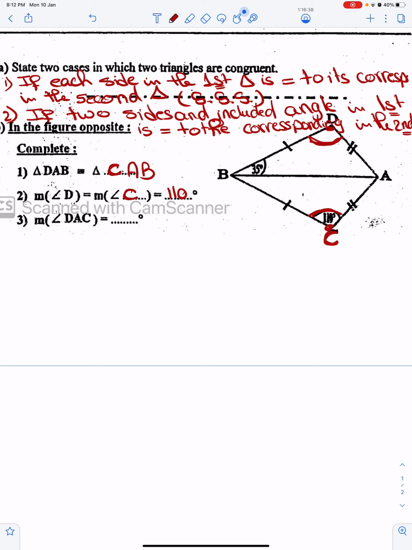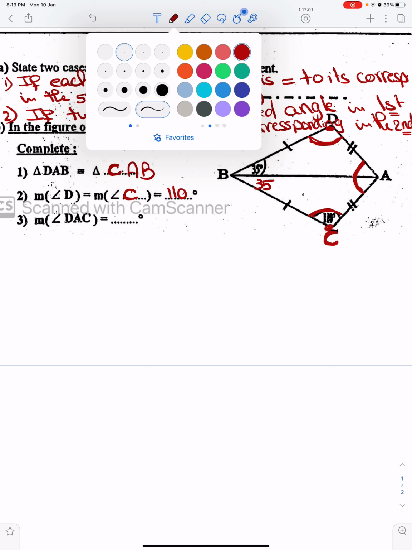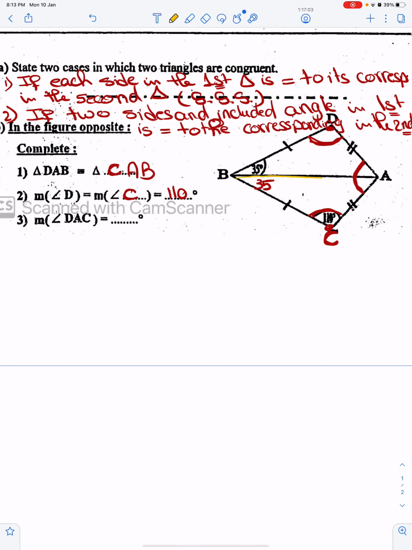Measure of angle DAC. He wants all of this angle. Since these are two congruent triangles, the measure of angle DBA is equal to the measure of angle CBA, so this angle also is 35 degrees. In this triangle I want to get this angle.